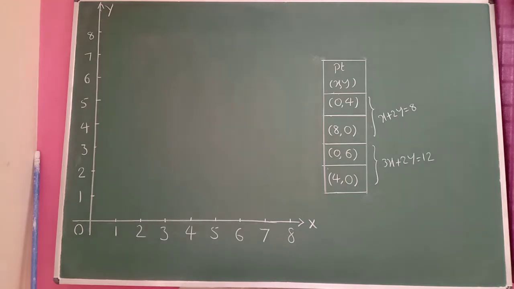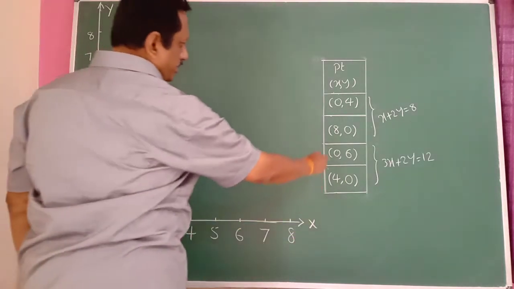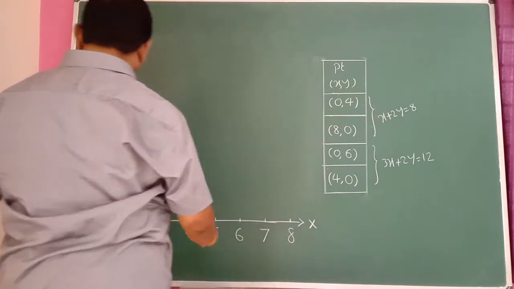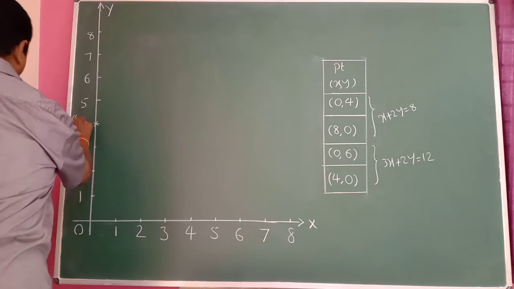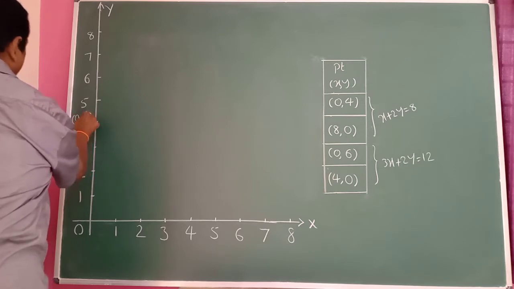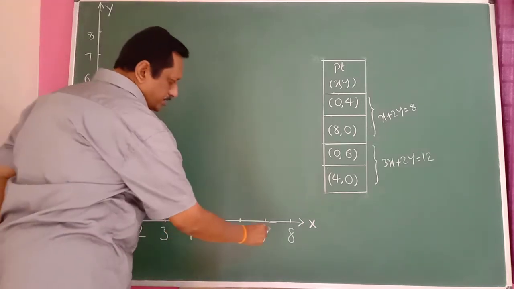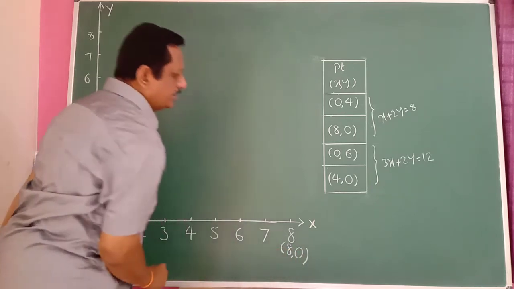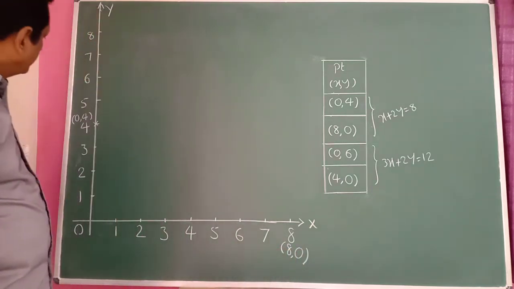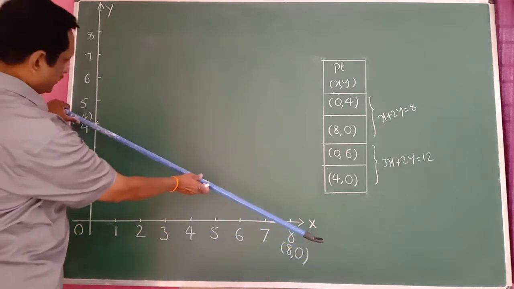So plot the graph here. Therefore, 0, 4 is the point on the y-axis, this point here. And 8, 0 is this point, which lies on the x-axis. Then join these 2 points like this.